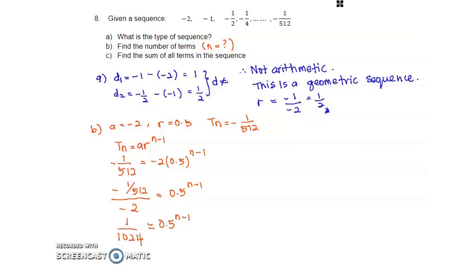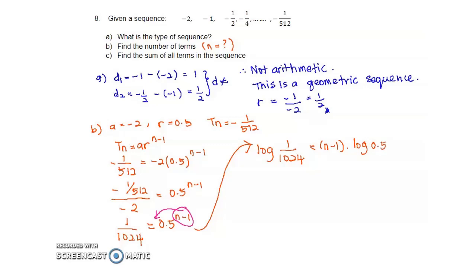So log of 1/1024 equals, since n is in the power, you bring the power in front and then put log: n minus 1 multiplied by log 0.5.